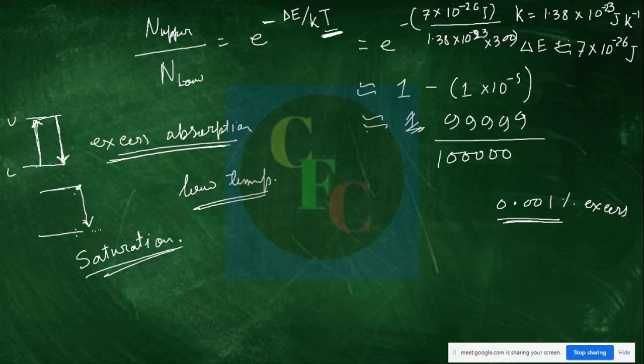But fortunately, there are mechanisms which are radiationless. So molecules can come from the upper state to the lower state without radiation. That means they are not giving away electromagnetic radiation. They may give out heat or sound or anything else like that, but not electromagnetic radiation. So there are radiationless decay processes by which this excess is reinstated, right?